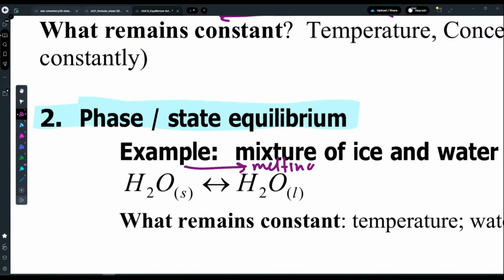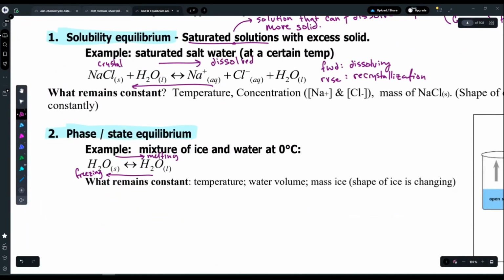Whereas the reverse reaction would be freezing, because we're going from liquid water back into ice. Again, what will remain constant is temperature, and also water volume and mass of the ice. However, the shape of the ice will be changing there.